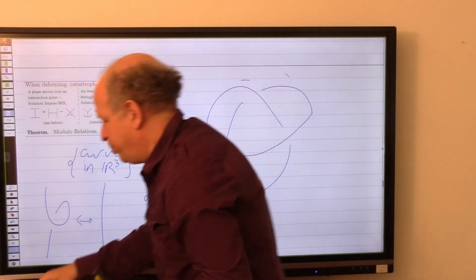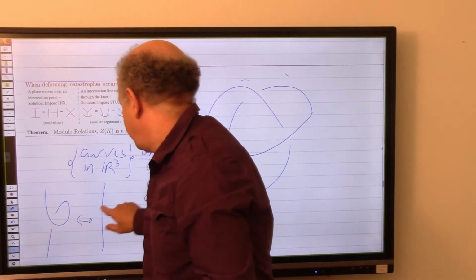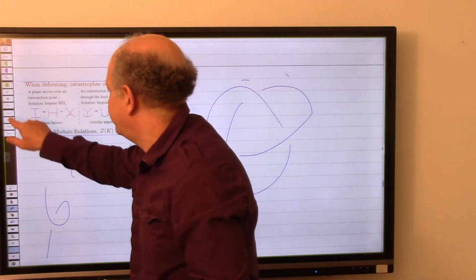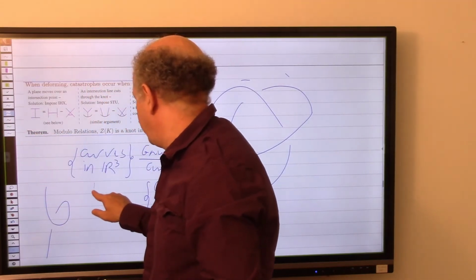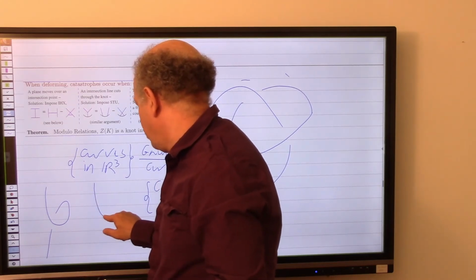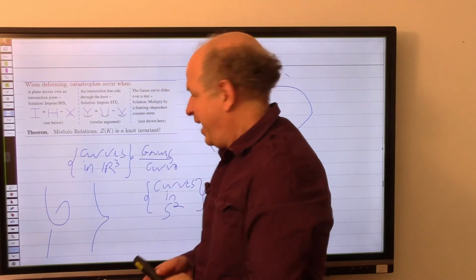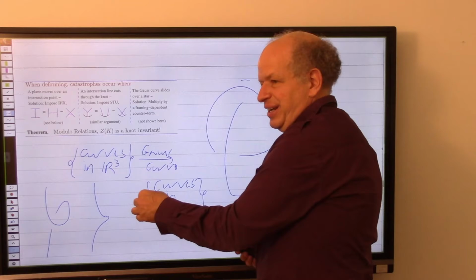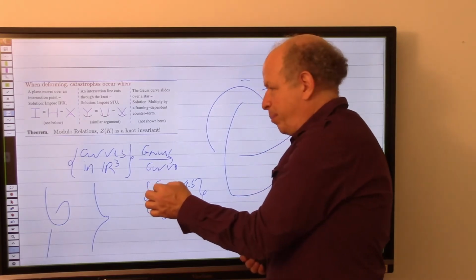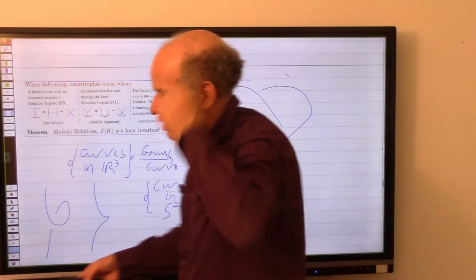But then at some point in the middle, between these two sides, the curve would look like this. It will kind of get to a point, move vertically down, and then twist and come out. At that point, the Gauss curve points either straight down or straight up, depending on which direction you go.